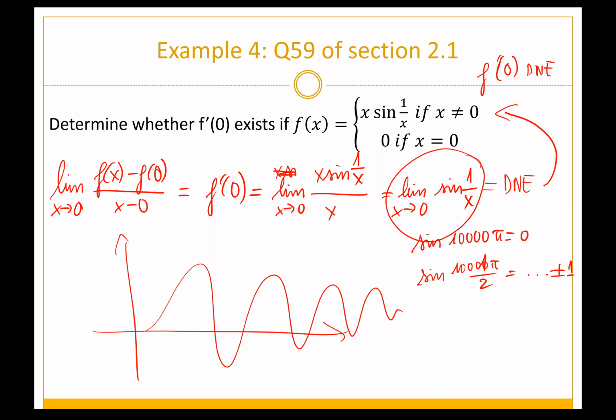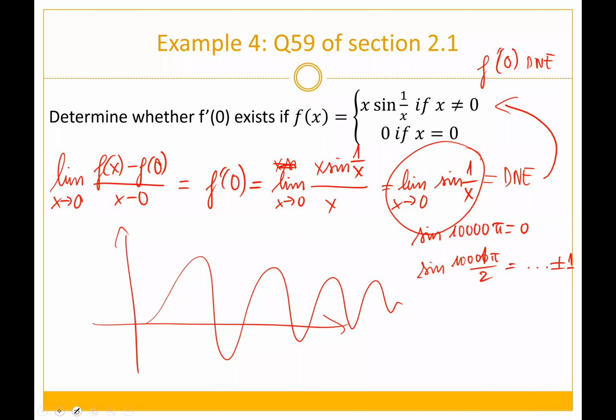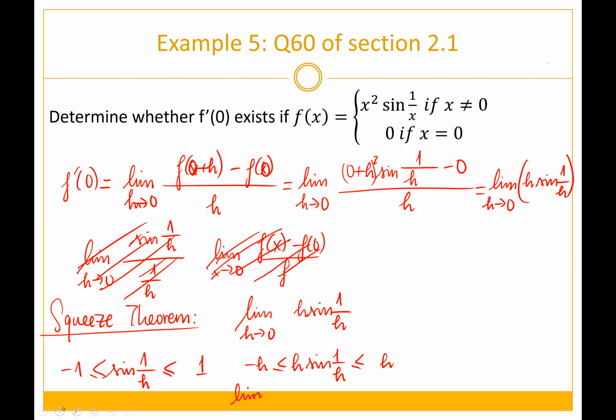So when it fluctuates between, I apologize for that. When you take the limit of h approaching 0 of -h, it is 0.